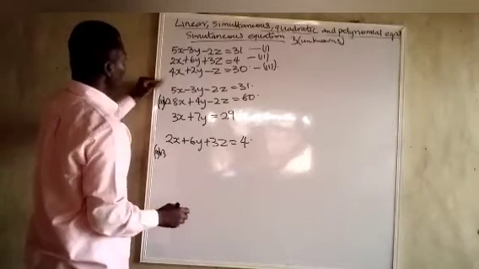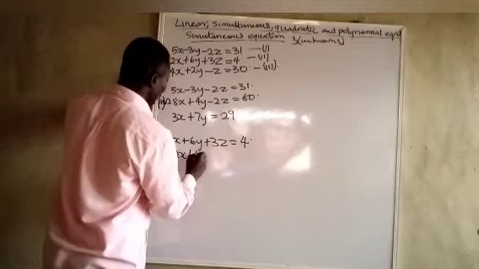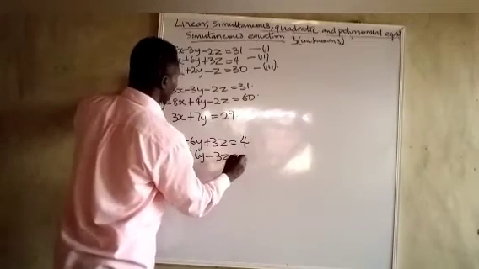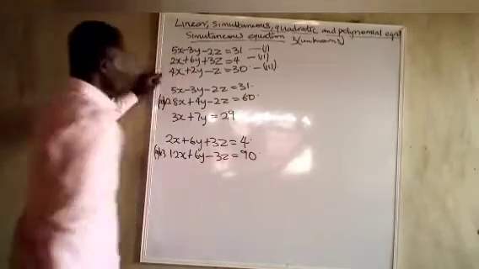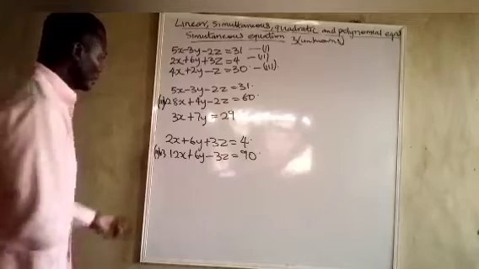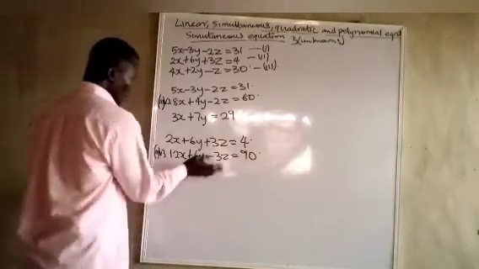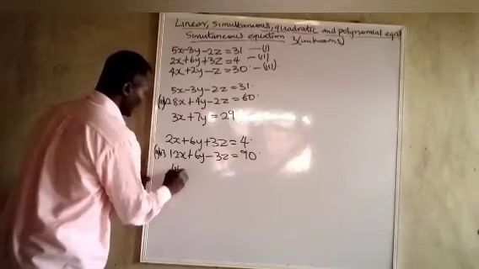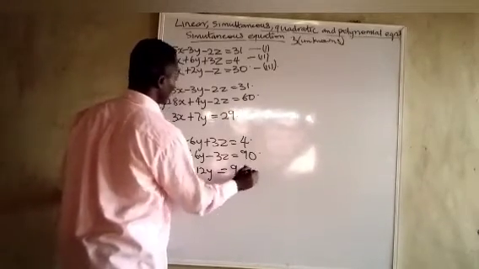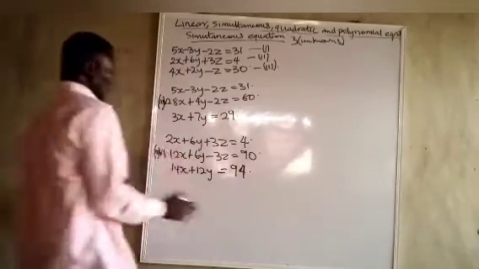What would that give me? 12x plus 6y minus 3z is equal to 90. Now, what do I do next? I will need to add the two to eliminate the z. So I'm going to have 14x plus 12y is equal to 94. So you can see, I now have this equation and this equation to deal with.